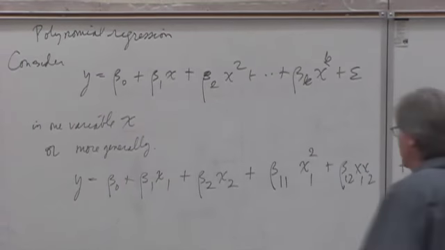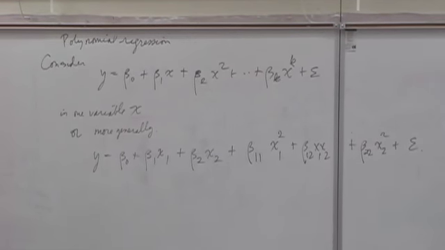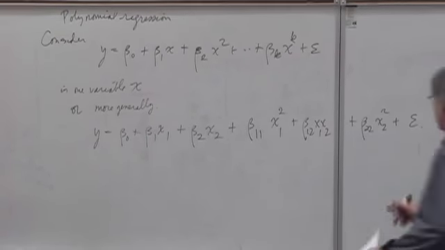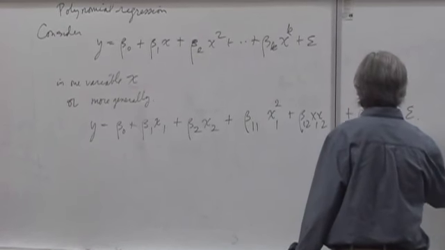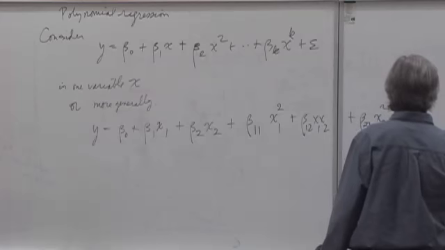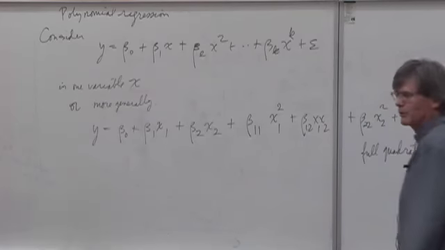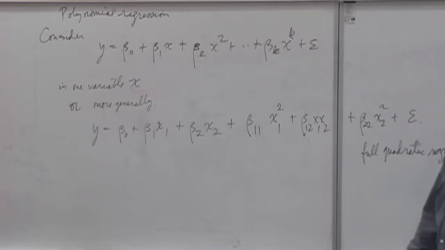So this is a full quadratic regression function in 2 independent variables. If you had 2 independent variables and you wanted a full quadratic response surface, you would use this.